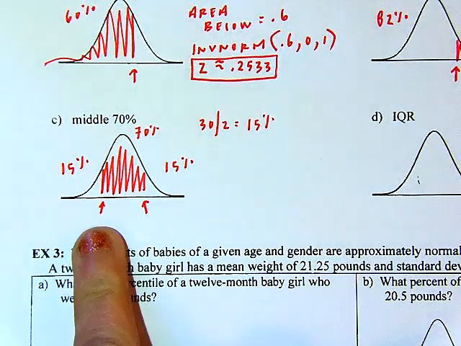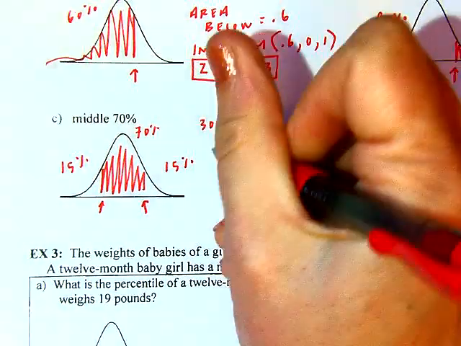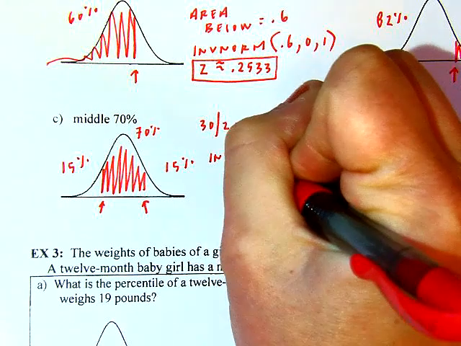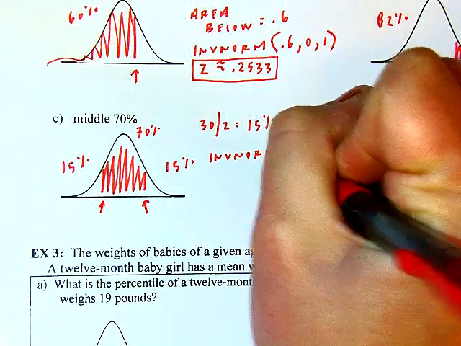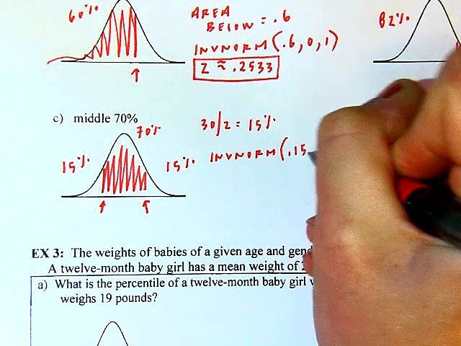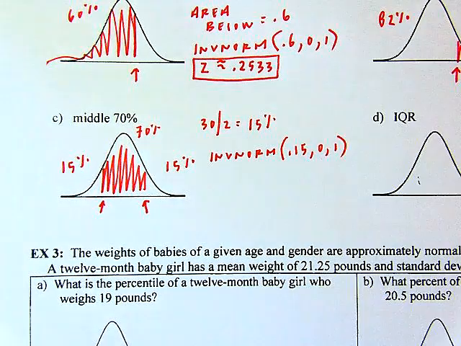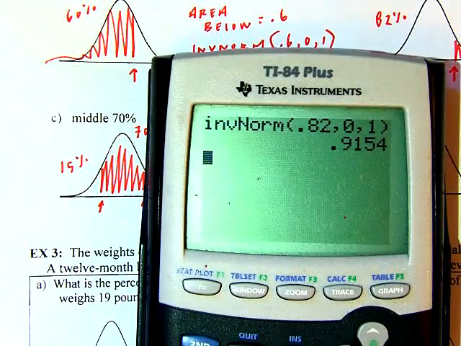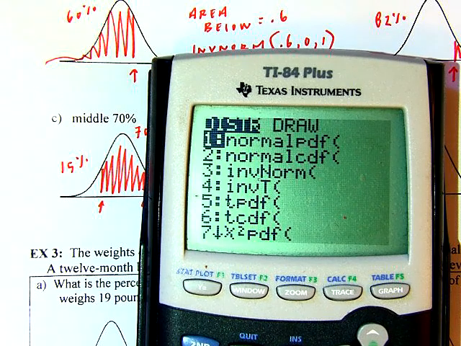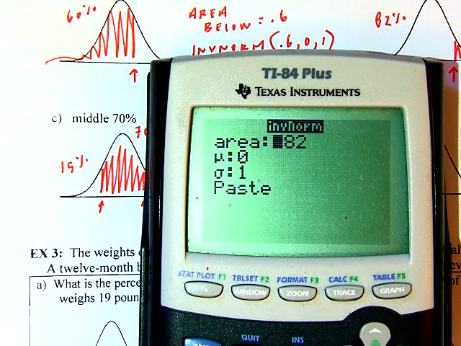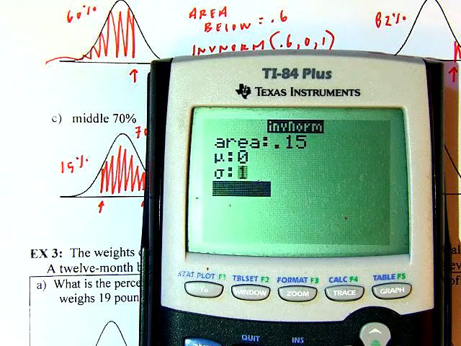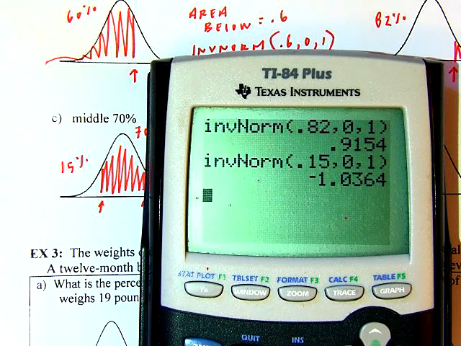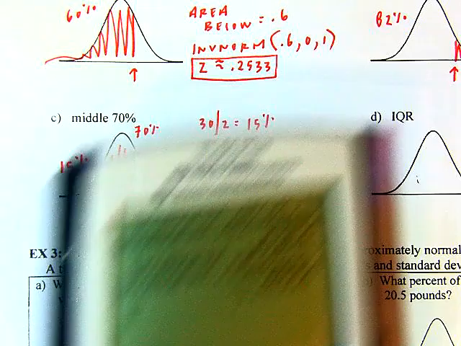So if I want this z-score, I can say inverse norm, 0.15. And we get a z-score of negative 1.0364.